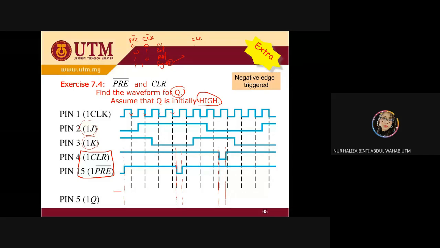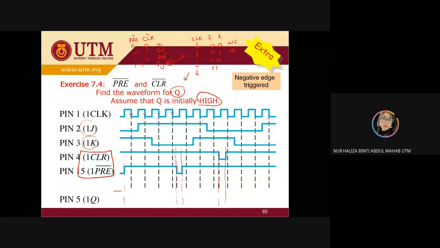So let's assume the question is given as a negative clock, negative clock, negative clock, negative clock. JK: 00, 01, 10, 11. No change, reset, set, toggle. Okay, we are done with the references that we need for our question here.